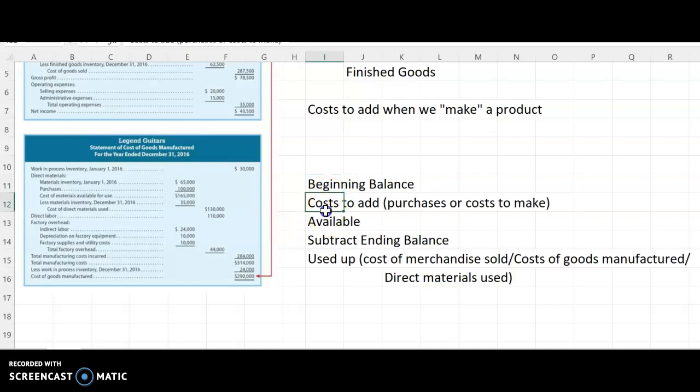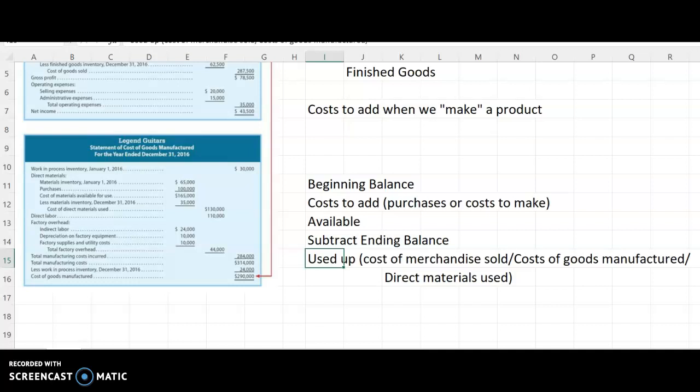Then you would add up your purchases, and that gets you to all your supplies available. If you subtract out your ending balance, that will tell you how much supplies you've used up. So this calculation you already know, but now we're going to use it several different times.